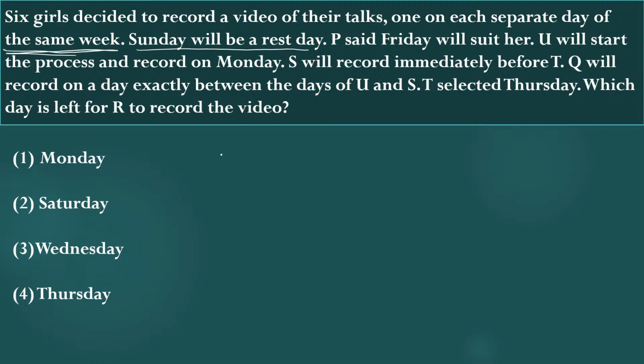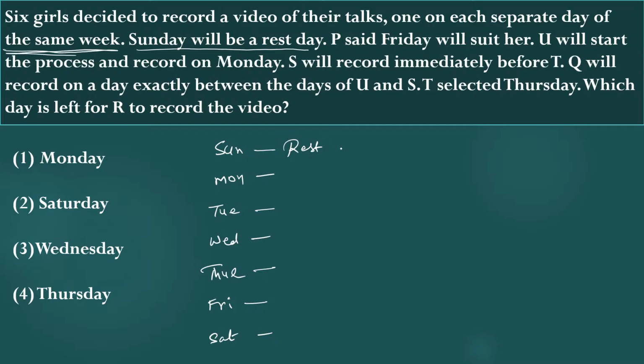Okay, you can write like this: Sunday, Monday, Tuesday, Wednesday, Thursday, Friday, Saturday. Okay, like this. See the question. Sunday is the rest day. Why? Because it is a holiday in the question.